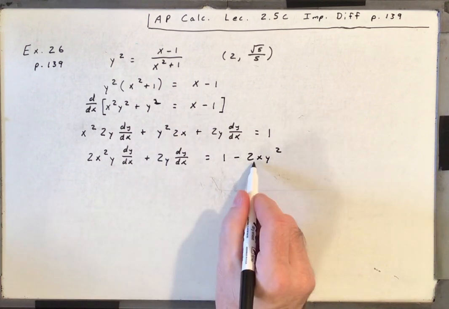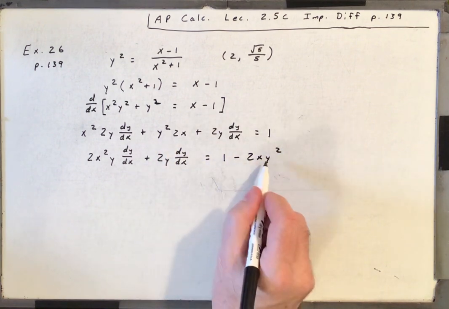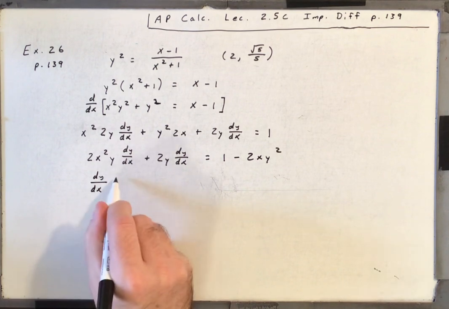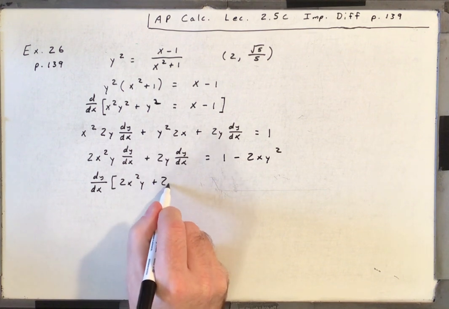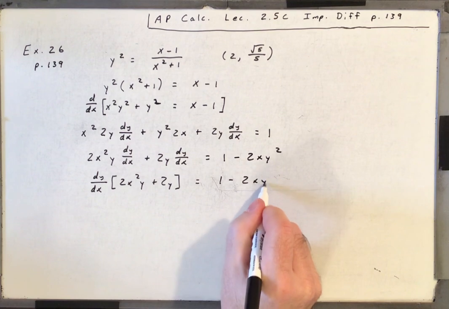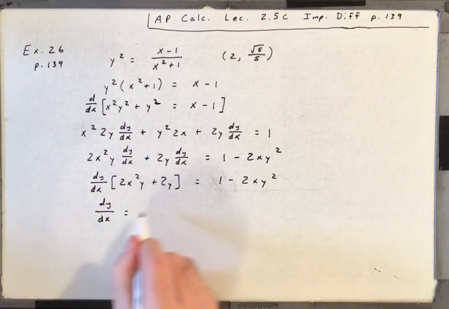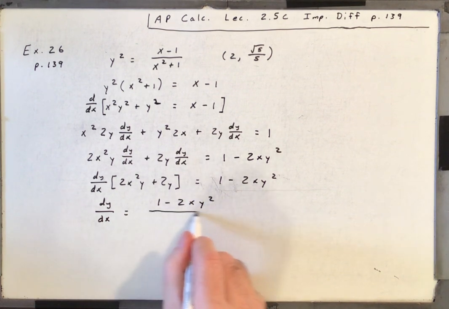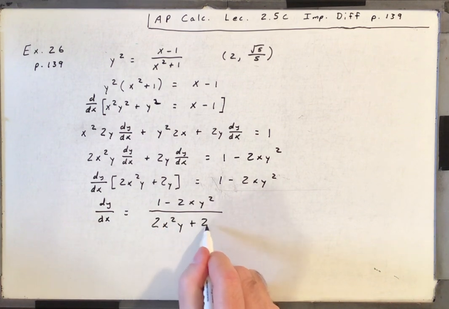If I rewrite that with the x's and the 2 first, and then move it over to the right, it makes it negative. Let's factor out a dy/dx. We have 2x squared y plus 2y. And then finally, dy/dx is 1 minus 2xy squared over 2x squared y plus 2y.